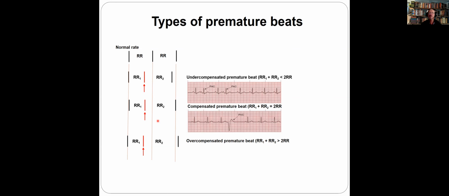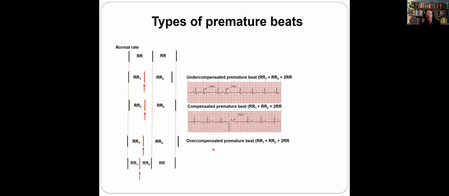However, if you do have an overcompensated or compensated supraventricular beat, that's pathological, because it means that the heart is ischemic and the muscle needs more time for recovery. The sinus needs more time to recover. And this is why that can be the sign of an ischemic heart disease. So this is why it's important to see whether a premature beat is compensated or under or overcompensated.